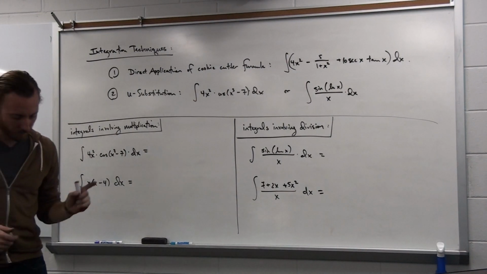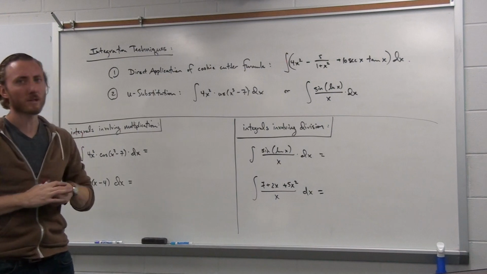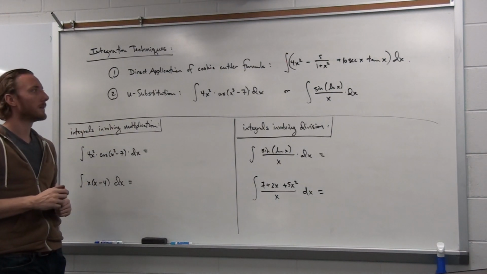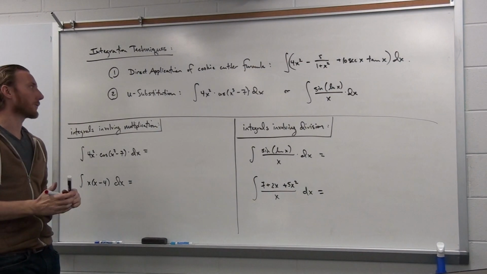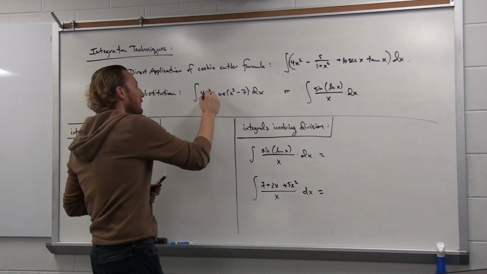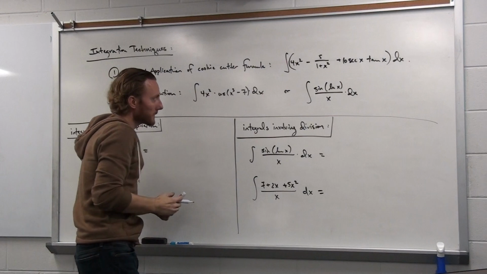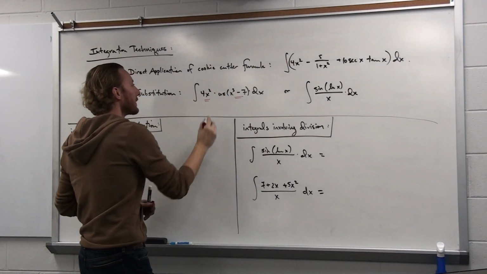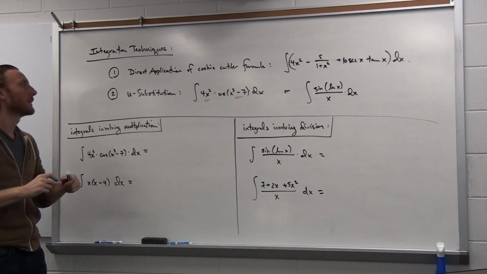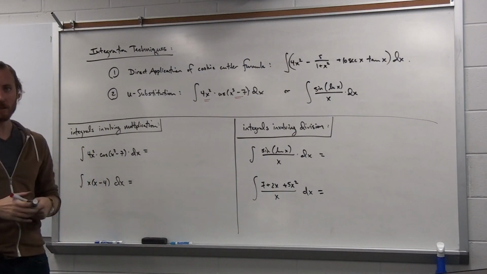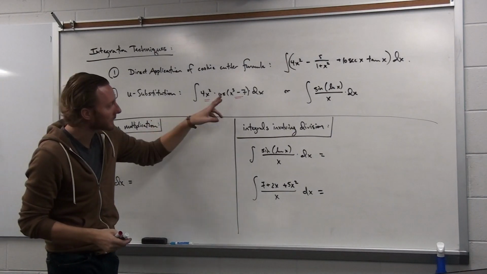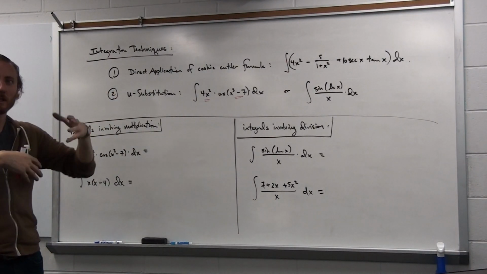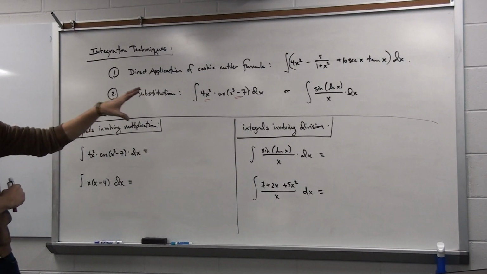Okay, the other situation that popped up, and the other situation that you've seen a lot of examples of, is applying u substitution. So what if you have an integral that involves multiplication, and it involves 2 bits of your expression related by derivative, like x cubed minus 7 and 4x squared. Now you say, but wait a second, 4x squared is not exactly the derivative of x cubed minus 7, but that's fine because you can always adjust for a constant multiple, and you can make this integral work.